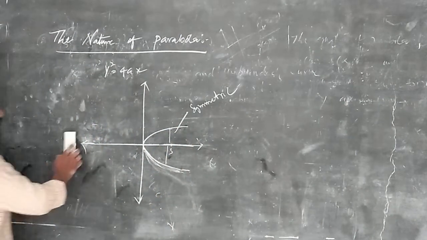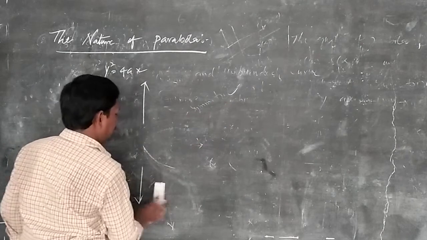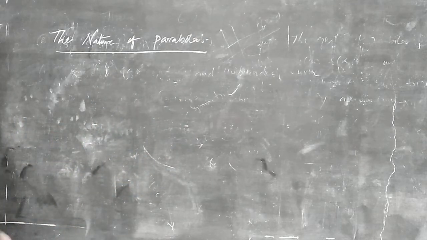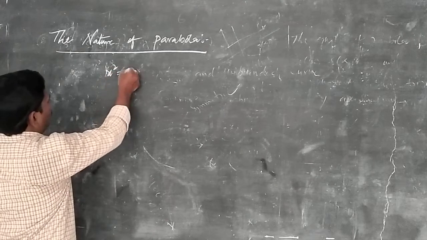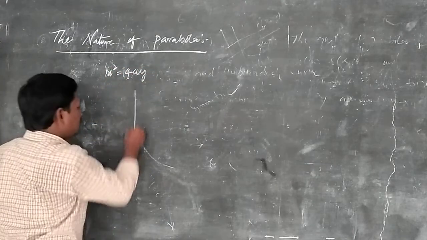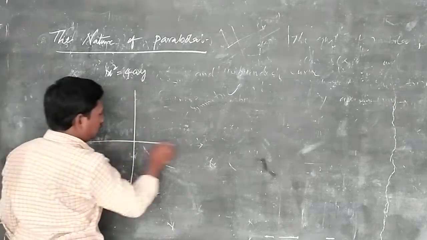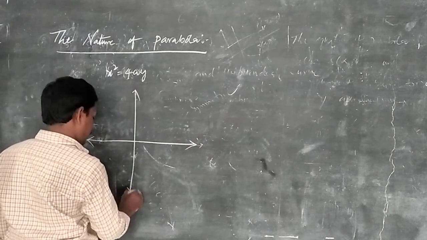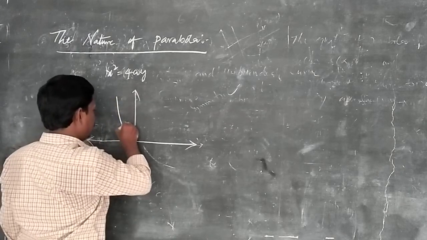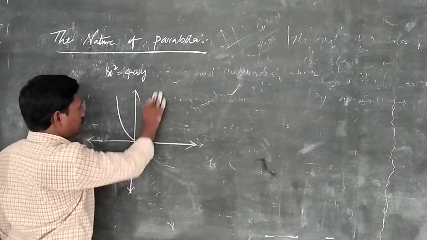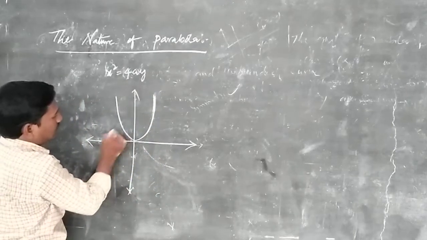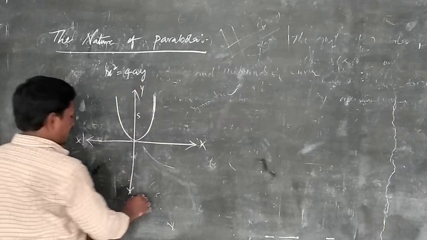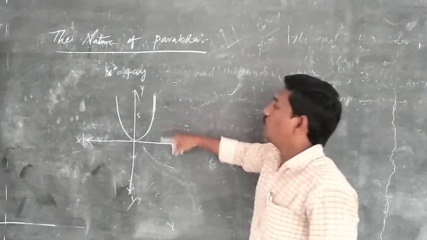And also x square equal to 4ay. Take the shape of the parabola x square equal to 4ay.